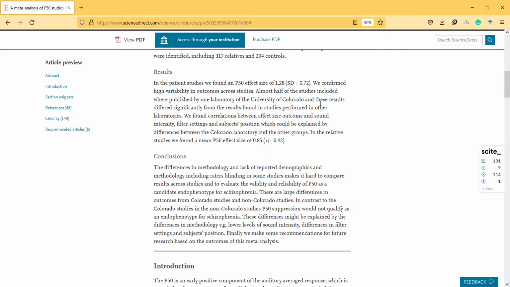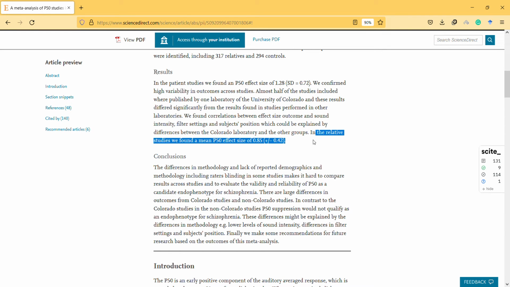These results differ significantly from the results found in studies performed in other laboratories. Interesting, and they're quite honest about it. I like that. We found correlations between effect size and could be explained by other group. They should mention if the correlation is significant or not, but I assume that the correlation is significant, so they say we found.